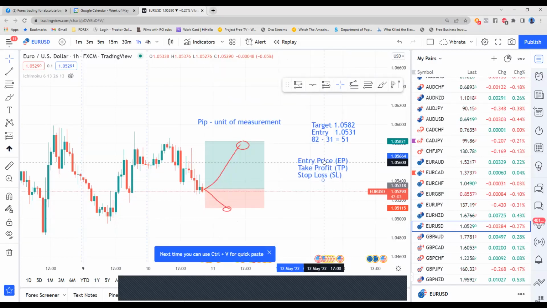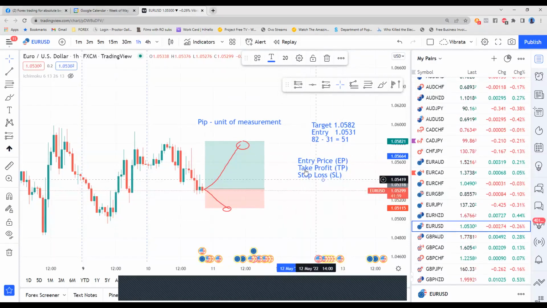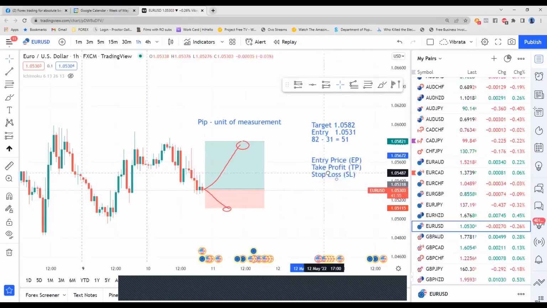These are the three most important phrases in trading: entry price, take profit, and stop loss. So as traders, whenever we enter a trade, we're always aware of these three things: the entry price in gray, the take profit in green, and the stop loss in red.